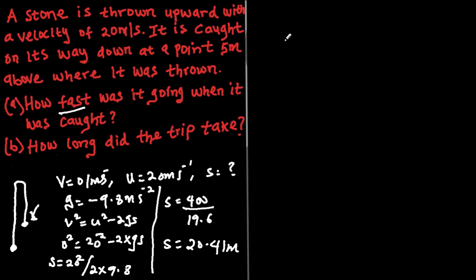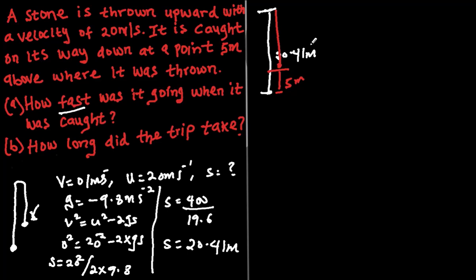Now, that means you can know the distance the object has traveled when it was caught. Let's draw the picture again. Let's say this is the point where it was thrown. Distance from here to maximum height, let's say this is the maximum height, is 20.41 meters. Now, it was caught on its way down, but where it was caught was 5 meters above where it was thrown. So if the whole length is 20.41, then from where it was thrown to where it was caught is 5 meters.